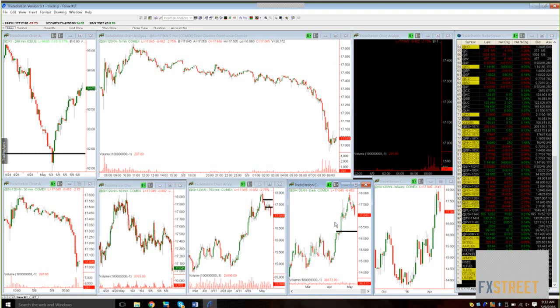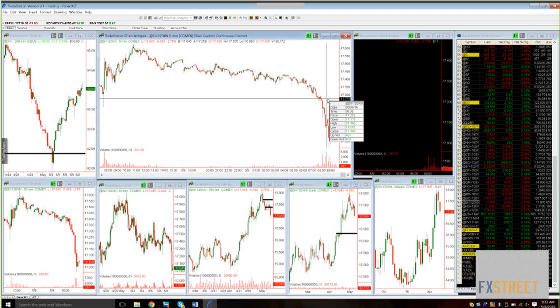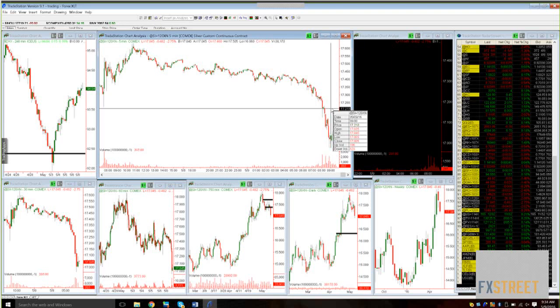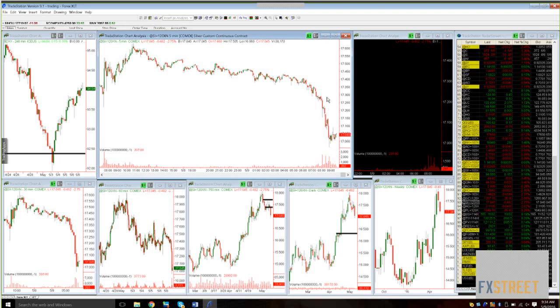Because we have all this room below and the nice overhead supply, if I go down to the 5-minute, this 1730 level, or 1720, call it 27, looks outstanding. Okay, the 1720 looks good. In fact, I would combine those two if you can, if the risk isn't too big.